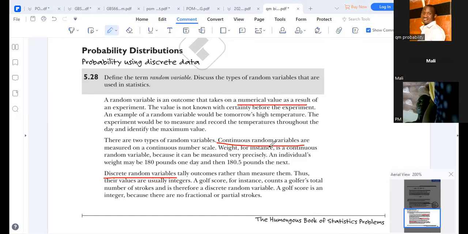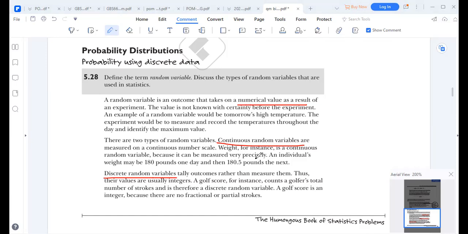In our first session, we were discussing the types of data that we have. So we talked about continuous data, and we also talked about discrete data. So even with probability, when we're dealing with random variables, a continuous random variable is measured on a continuous scale.